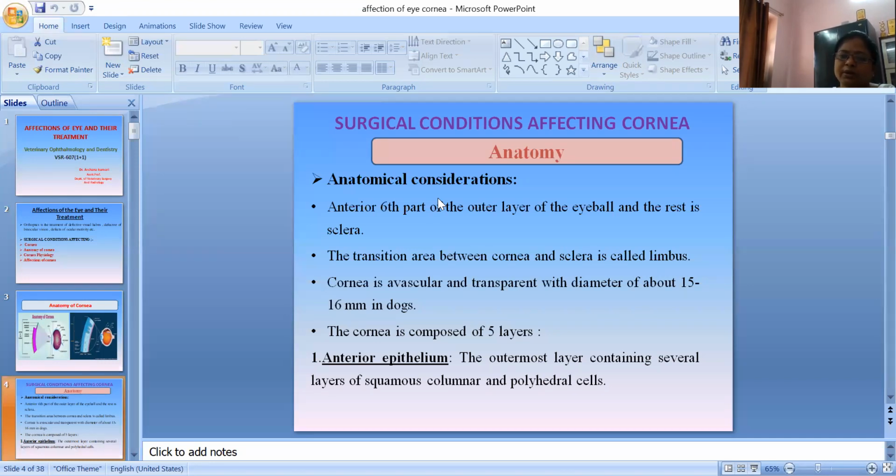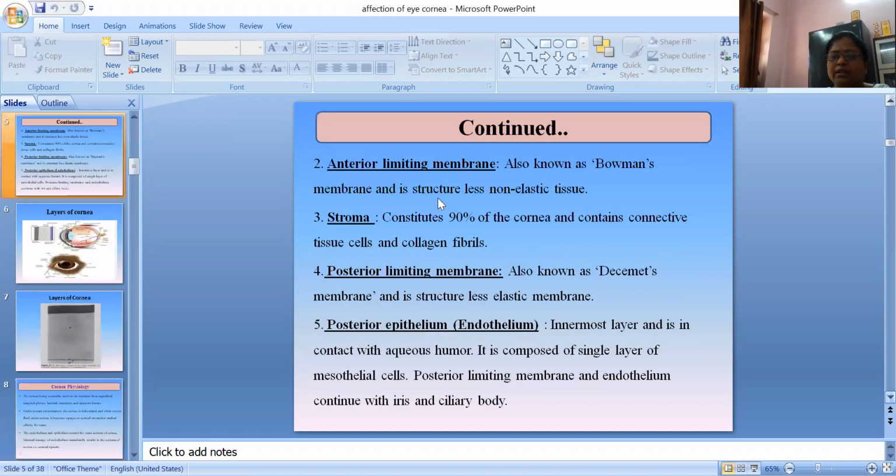The 5 layers of cornea. First is the anterior epithelium, the outermost layer, containing several layers of squamous, columnar and polyhedral cells. Then the second layer is the anterior limiting membrane, also known as Bowman's membrane, which is non-elastic tissue.